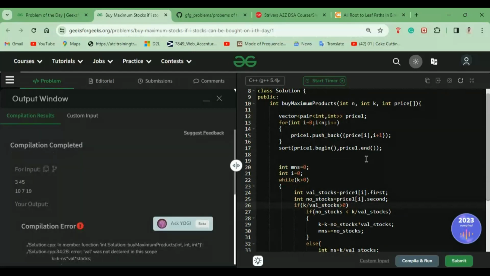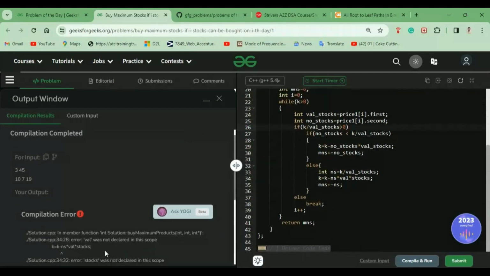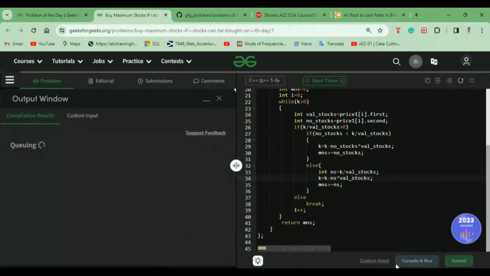I think I have done it correctly. What is the error? val is not declared. Okay, sorry, I have made a lot of simple mistakes in this code.